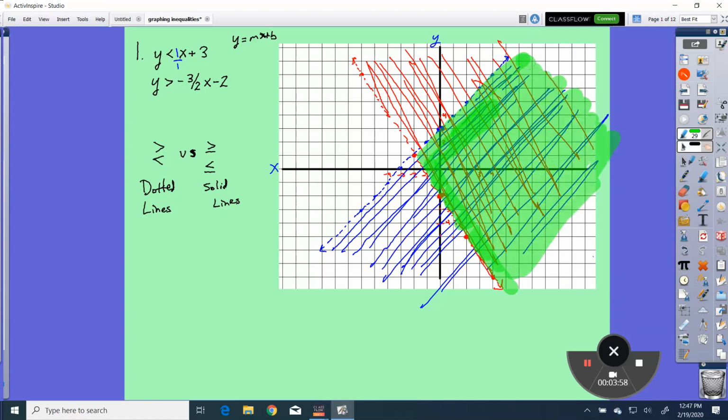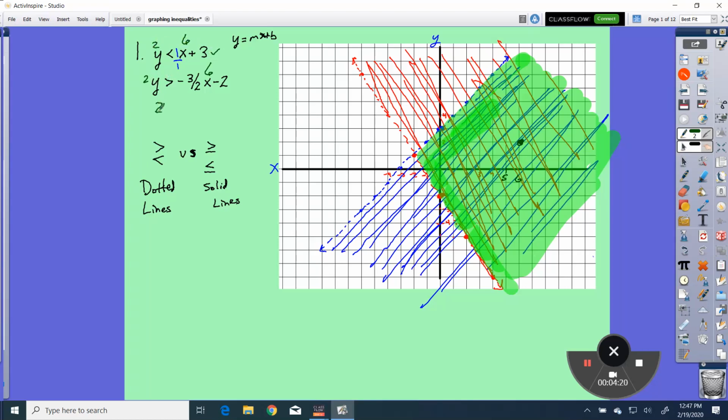What I mean is, if I pick any point in here, so if I just randomly pick a point right there, that's 4, 5, 6, 6, 2. X is 6, Y is 2. If I plug that into here, then, 6 plus 3 is 9, 2 is less than 9. It worked in this one.